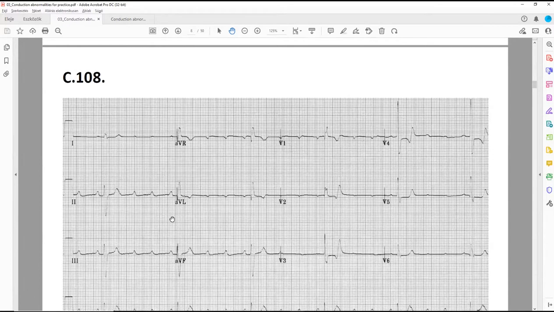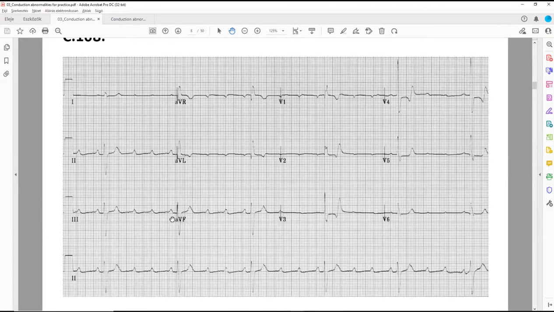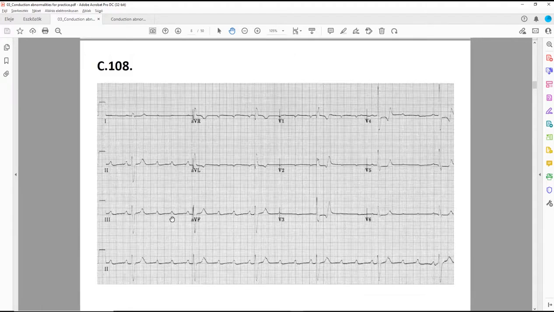All right, 108. Look at this. Who has 108? Mine. So this is rhythmic, and for the heart rate there are 9 boxes between all intervals, so it's around 30 BPM.